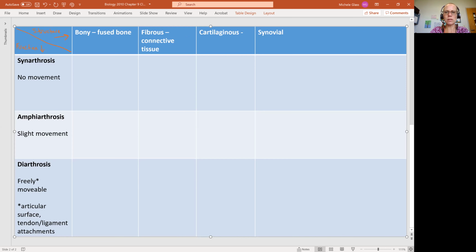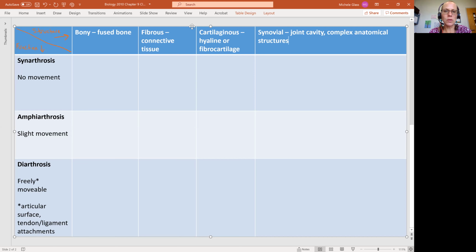Cartilaginous connections could be either hyaline or fibrocartilage. And when we talk about synovial, we're going to see that we have a joint cavity and complex anatomical structures, and this will have its own video. So we'll be going into those structures in more detail as we go through.